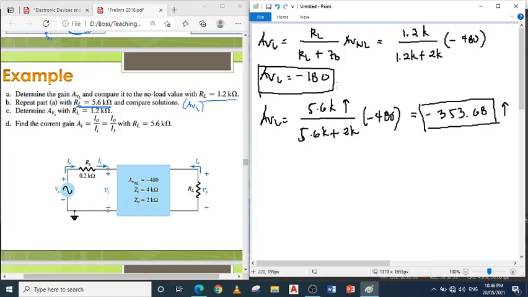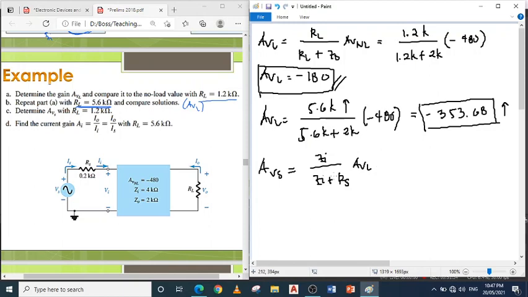Okay? And then for letter C, determine AVS with RL equals 1.2. Okay. Since 1.2K ang RL natin, so ito yung kailangan natin na AVL. Okay? So to solve for AVS, okay, ang AVS ay ZI divided by ZI plus RS times AVL.